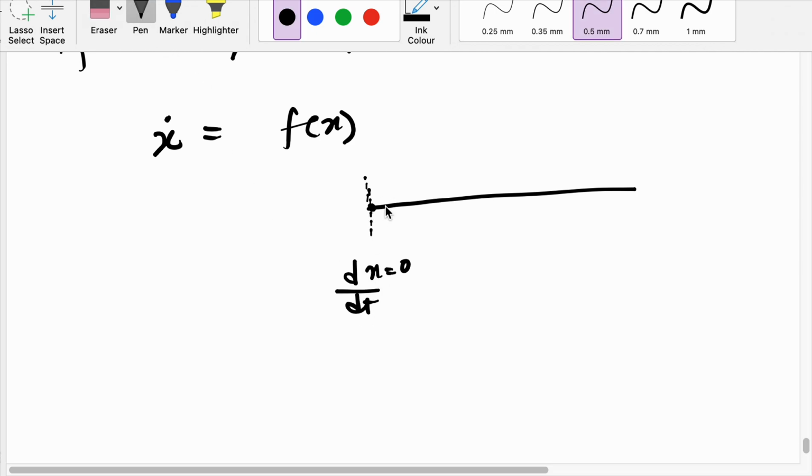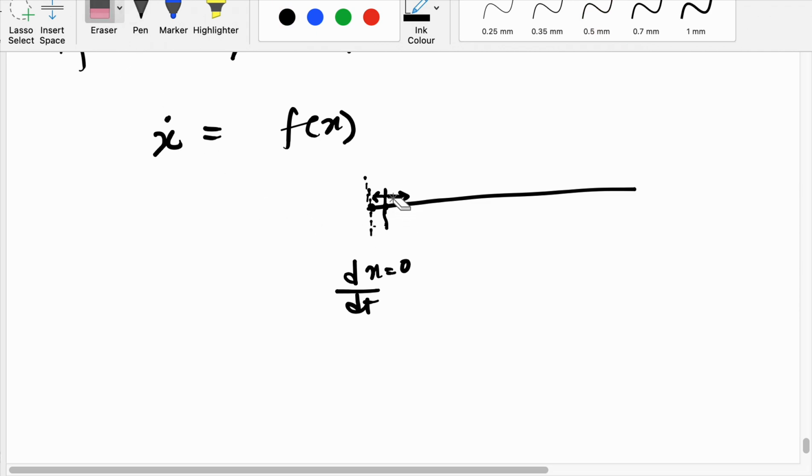Now if I take a nearby point, we ask what its velocity is: is it in this direction or in this direction? As we approach x equal to 0, is its velocity increasing in this direction, or increasing in the opposite direction? That means velocity is decreasing in this manner.